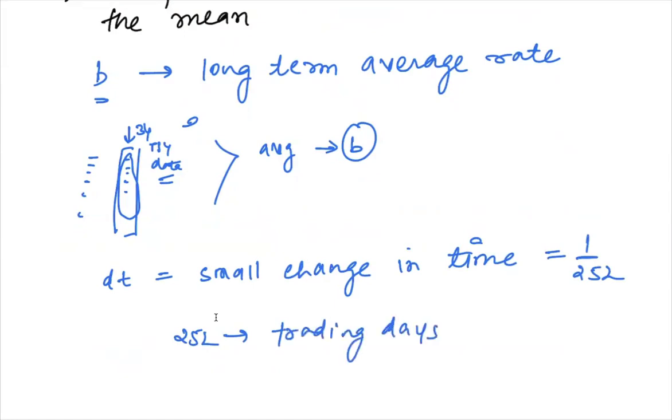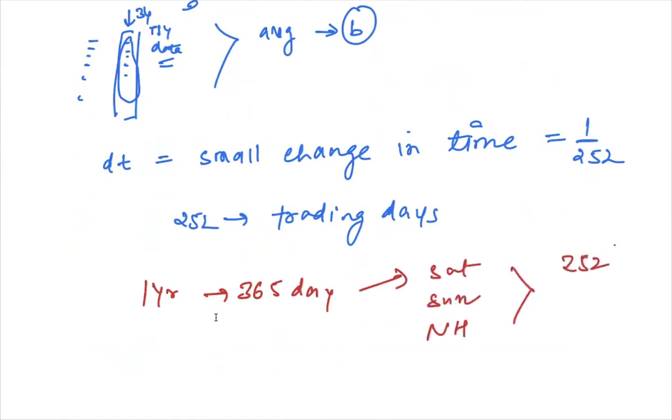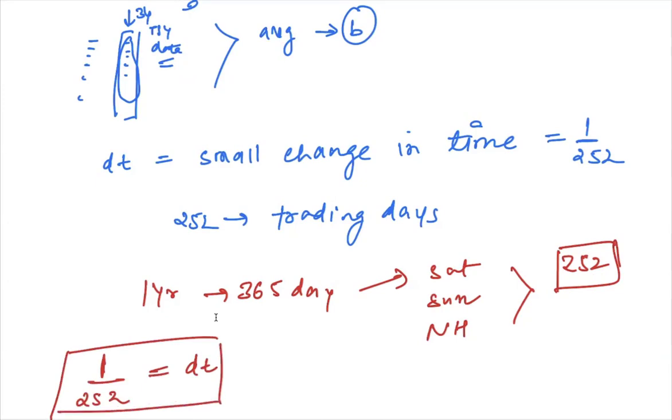You might be thinking there are 365 days in a year, but if you remove Saturdays, Sundays, and national holidays, there will be 252 days. So dt is 1 by 252, which is a small change in time.